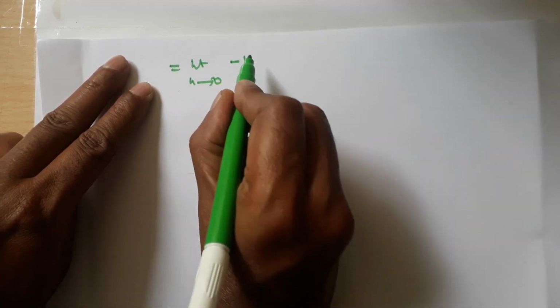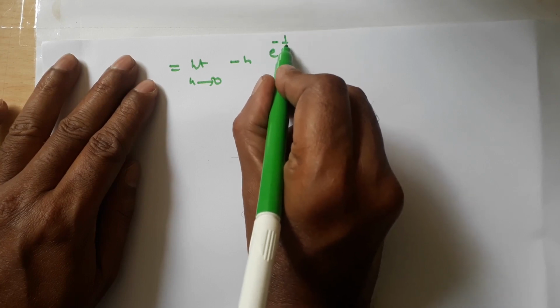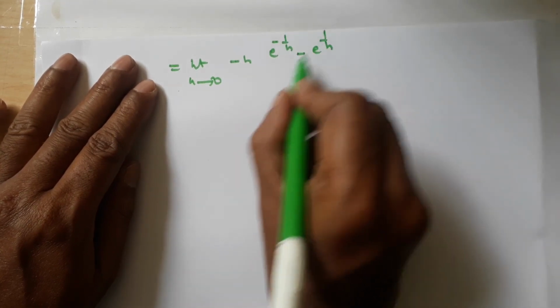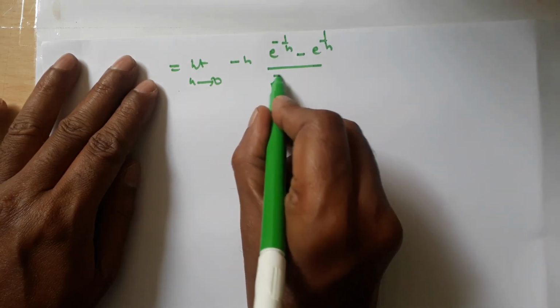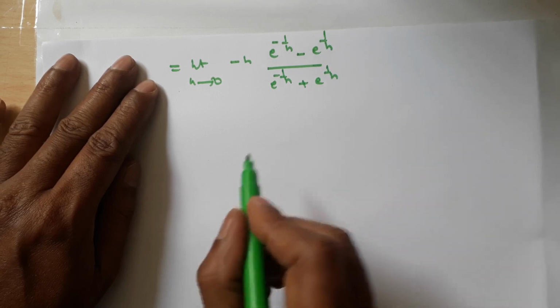So that is equal to limit h tends to 0 of minus h into (e power minus 1 by h minus e power 1 by h) divided by (e power minus 1 by h plus e power 1 by h).